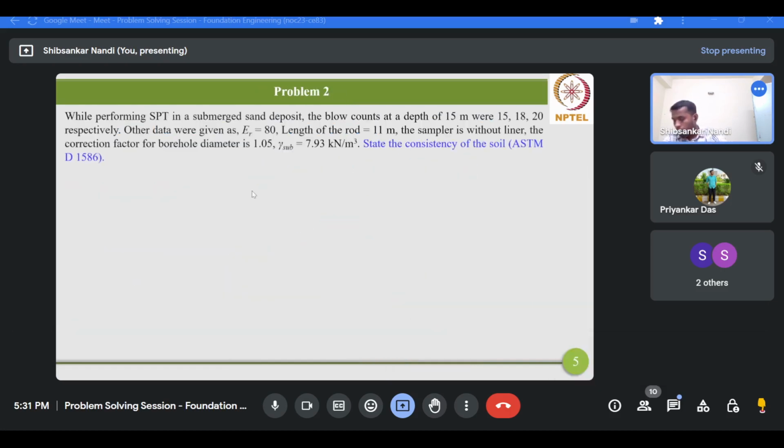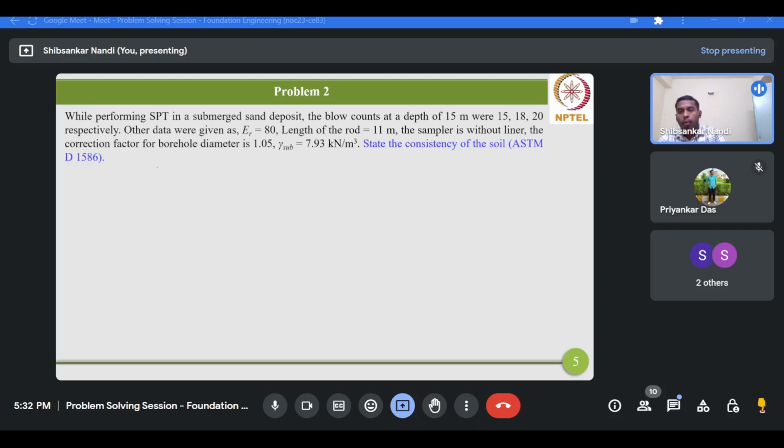Now coming to problem 2. It's regarding the same topic, the correction of SPT N value, but as per the ASTM standard, ASTM D1586.